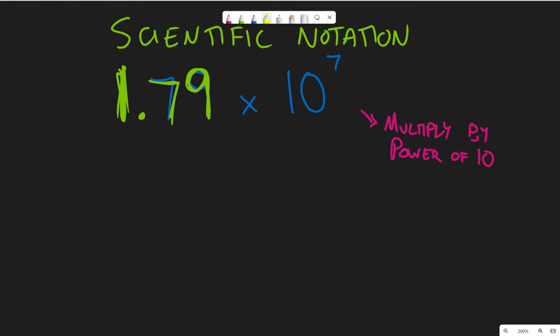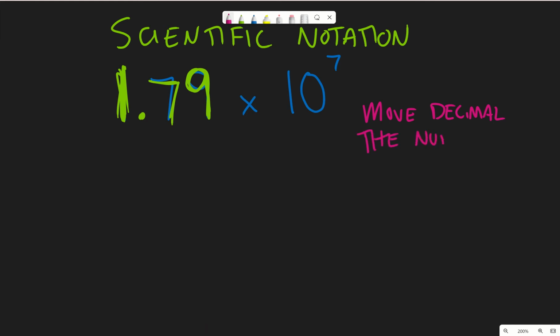To take this number and turn it into scientific notation, what I want to do is move my decimal the number of times my exponent tells me to.